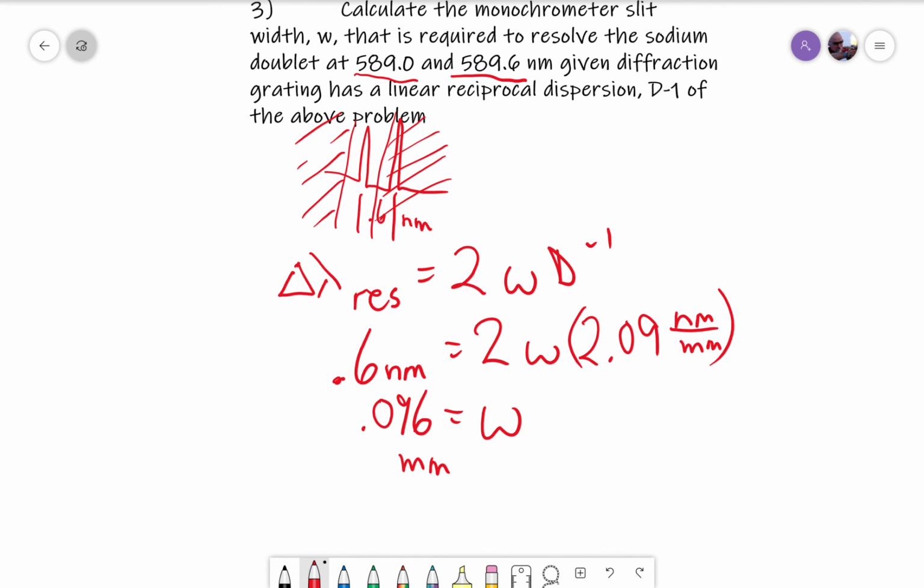So to resolve those two peaks, you have to go down to a very narrow slit width. So the exit slit width is almost 0.1 millimeters.